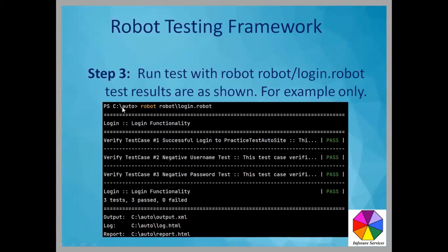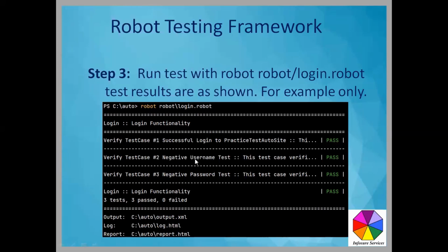Okay, so this is we are in the auto, C auto, but we have got into the robot folder. So when you have to run, you run it with the robot utility. Robot is a utility, and then you run the file. Then you'll get this output: verify test case 1 successful login.